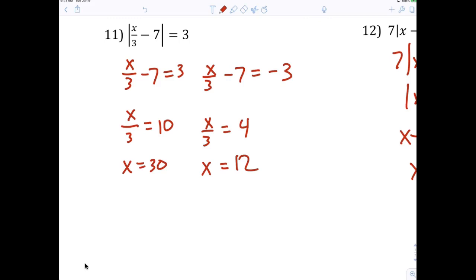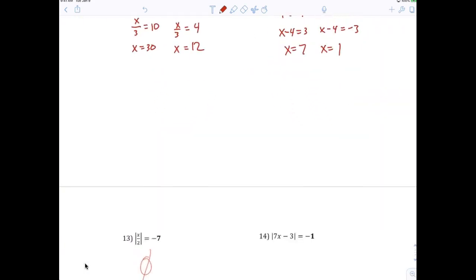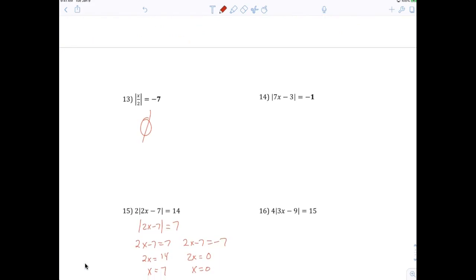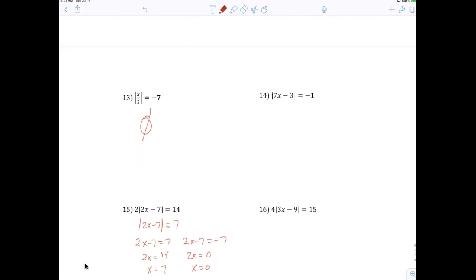Why isn't it negative? Why isn't it? 3 times 4. Okay. Absolute value can't be negative.